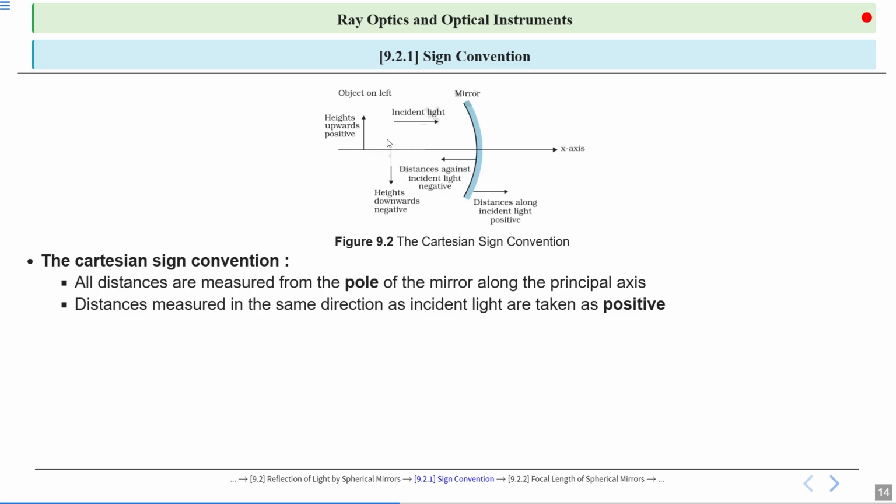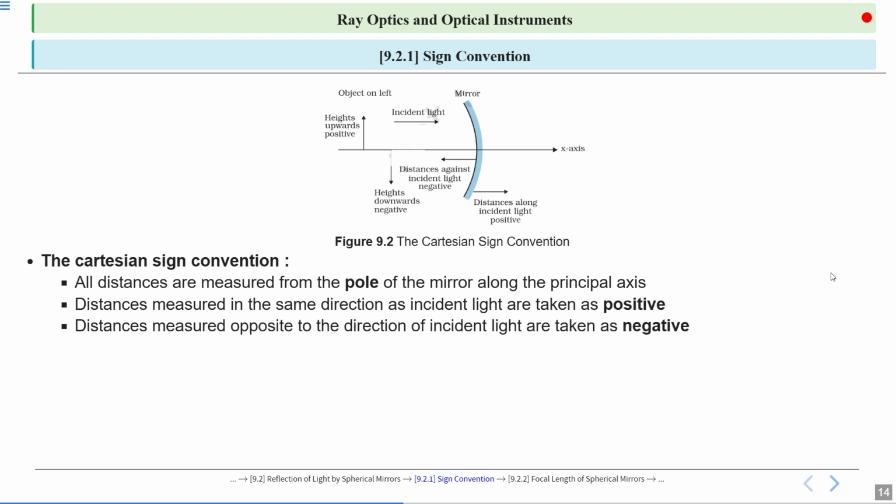If we have placed some object in front of the mirror and we measure from the pole to the object, that is the opposite direction, against the direction of incident light, so it will be taken as negative. Distances measured in the same direction as incident light are positive, and distances measured opposite to the direction of incident light are negative.